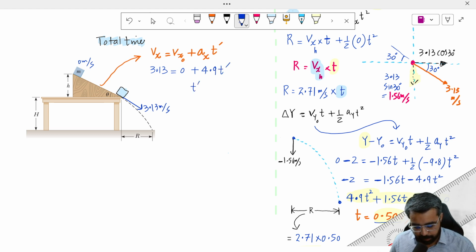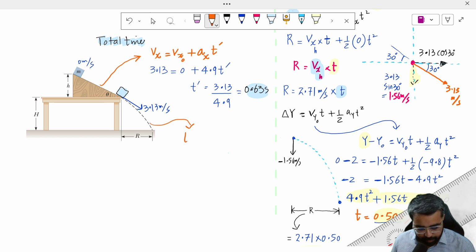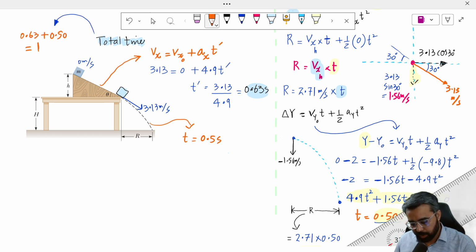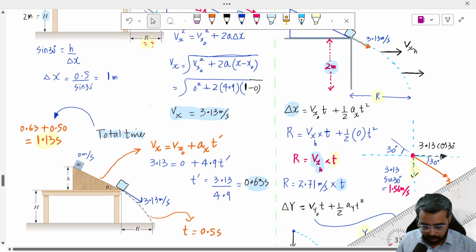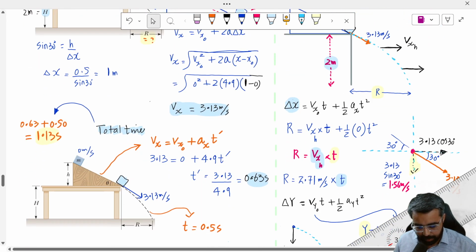So t prime is 0.636 seconds. What is the total time? The time during the projectile motion that we already calculated is t equals 0.5 seconds. So we should add them. The total time is 1.13 seconds, our final answer for question D.